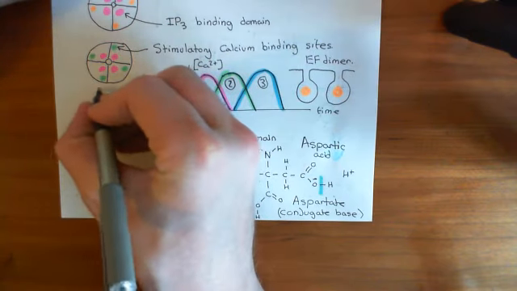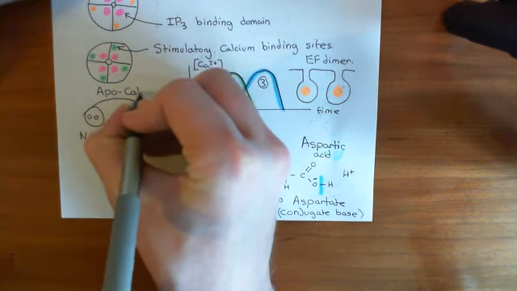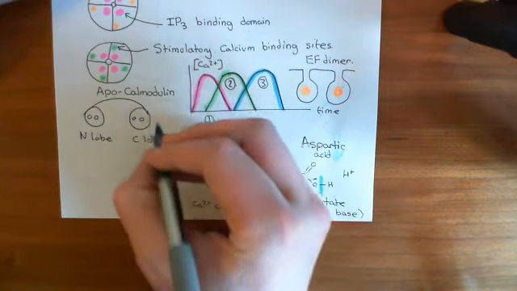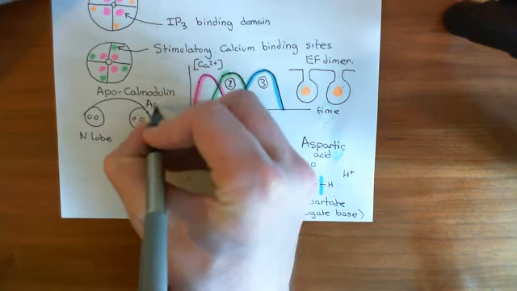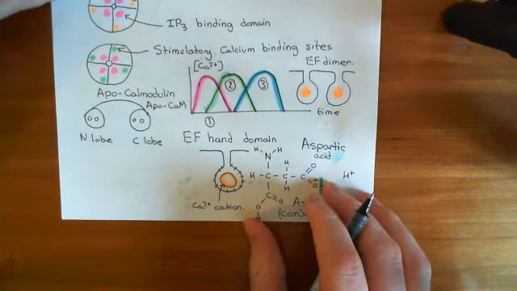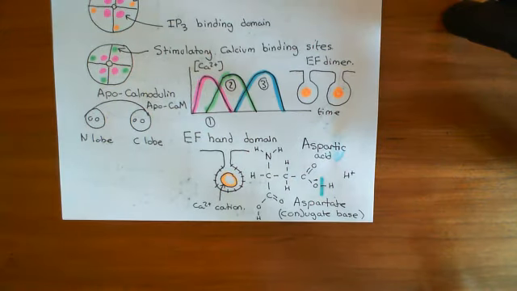And this structure is known as apocalmodulin. Or it's also often denoted apo-CaM for short. So calmodulin is often denoted capital C, lowercase a, uppercase M. Okay, so this is apocalmodulin.